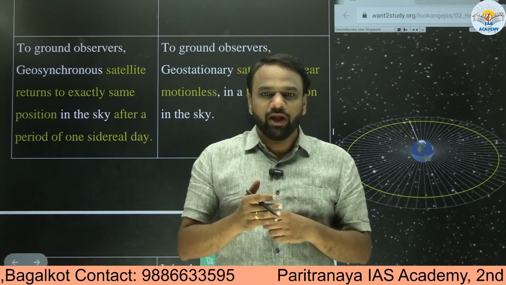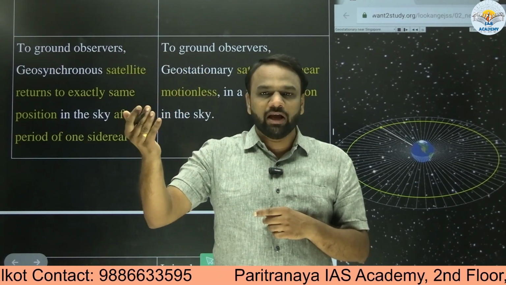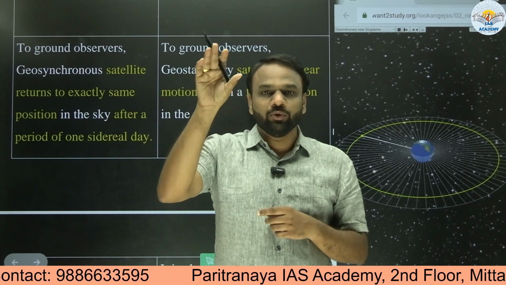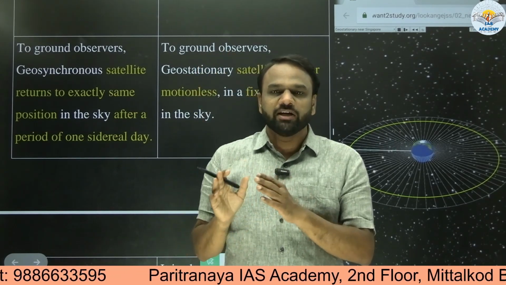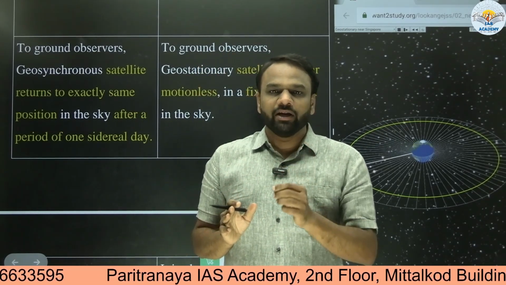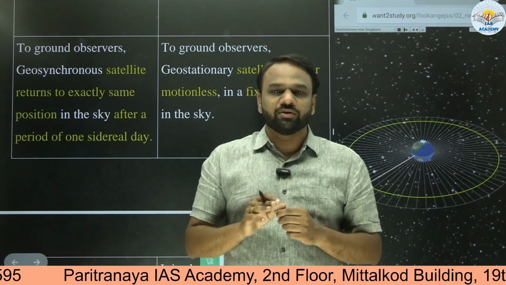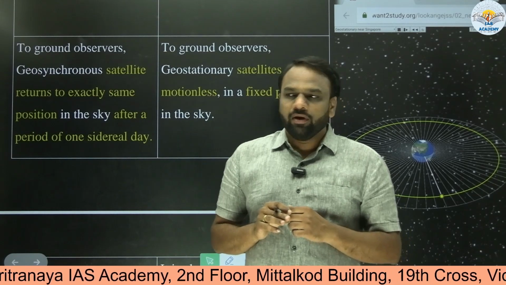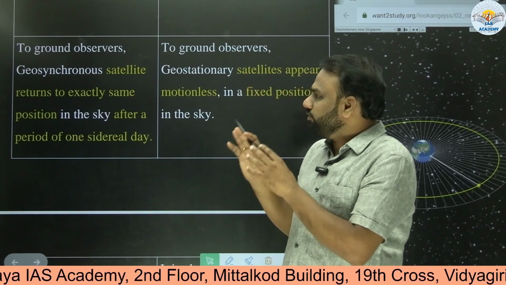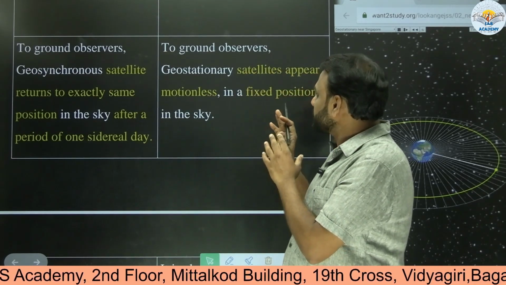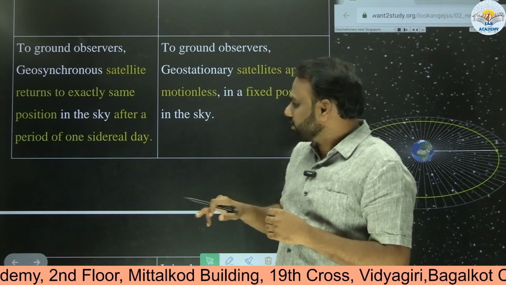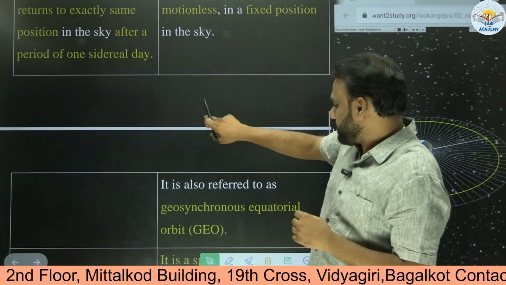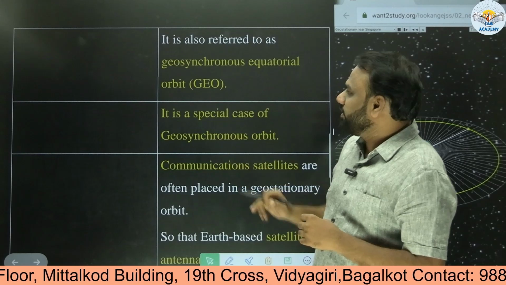At 10 a.m. today and 10 a.m. tomorrow and 10 a.m. the day after tomorrow, it will return to that position. This is the speciality about geosynchronous orbit and the satellite placed in it, that is the geosynchronous satellite. Now, after looking into the difference of geosynchronous and geostationary satellites or orbits, let us move further.